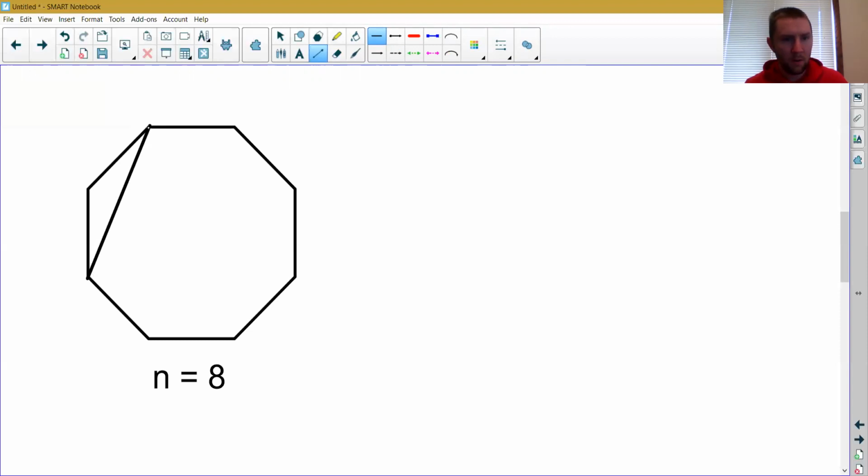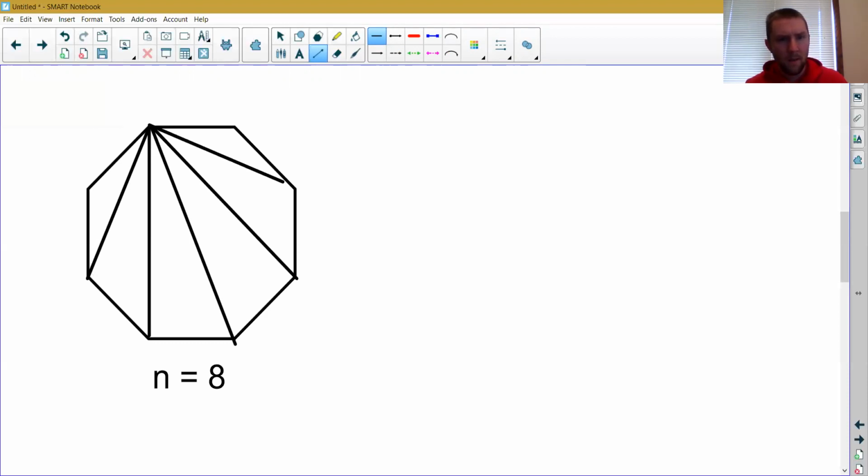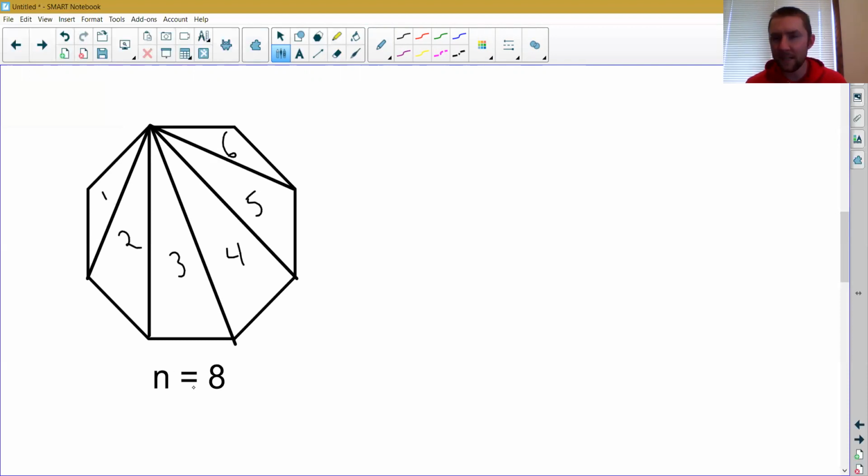I think 1, 2, 3, 4, 5 diagonals. And that divides this shape into 1, 2, 3, 4, 5, 6 different triangles. Okay, so an 8-sided shape got cut into 6 triangles.